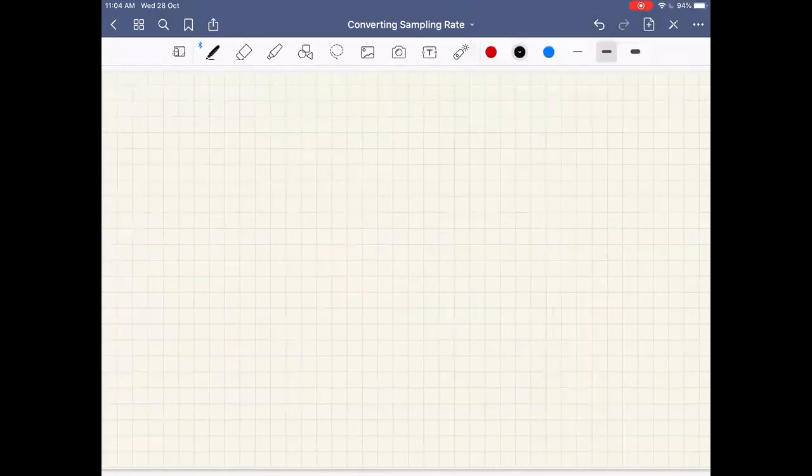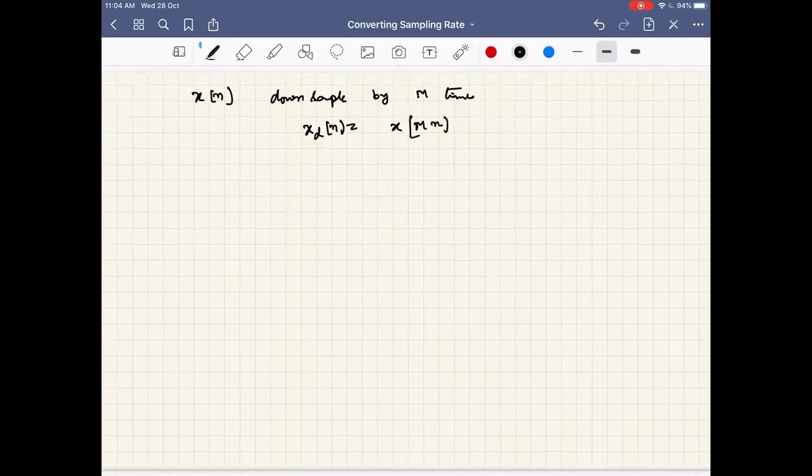What we have seen is, if we have a discrete signal x of n, then we can downsample by a factor of m and represent this as the downsampled signal x of m n.